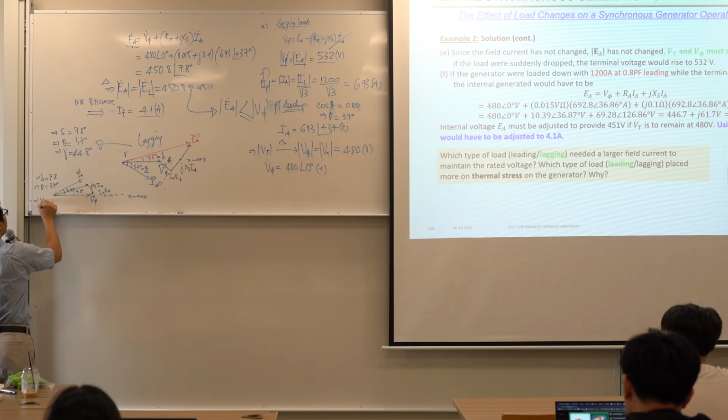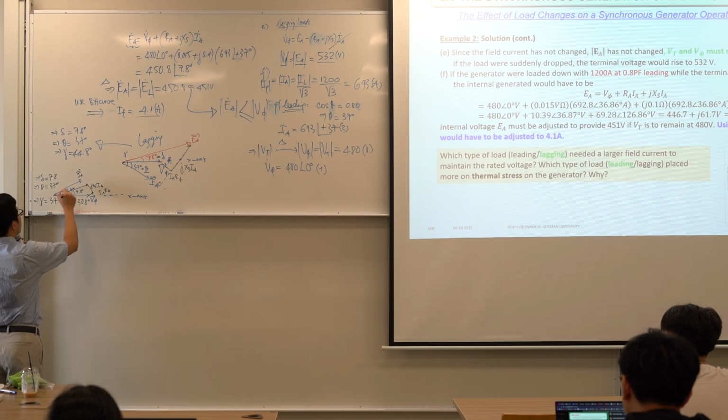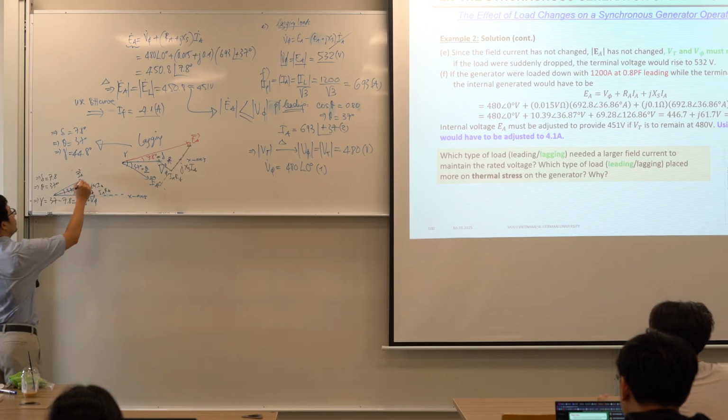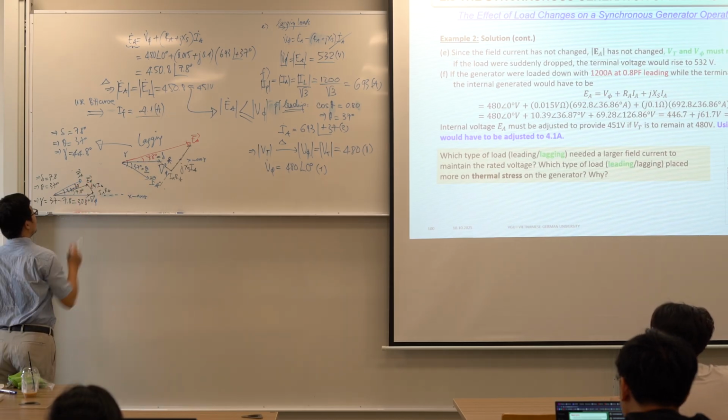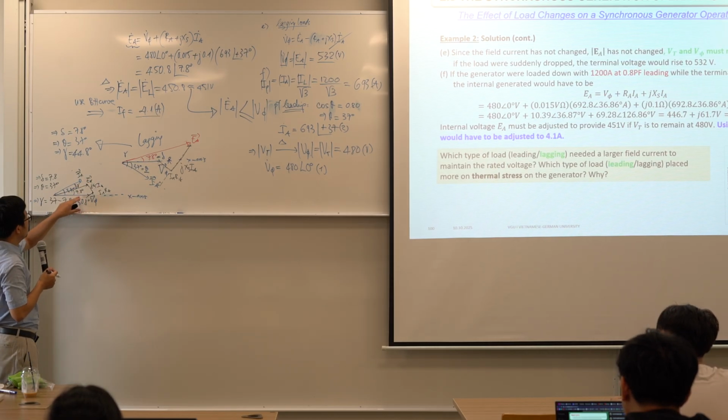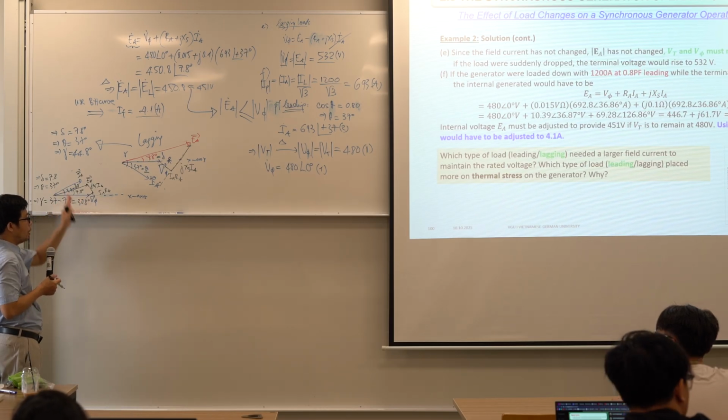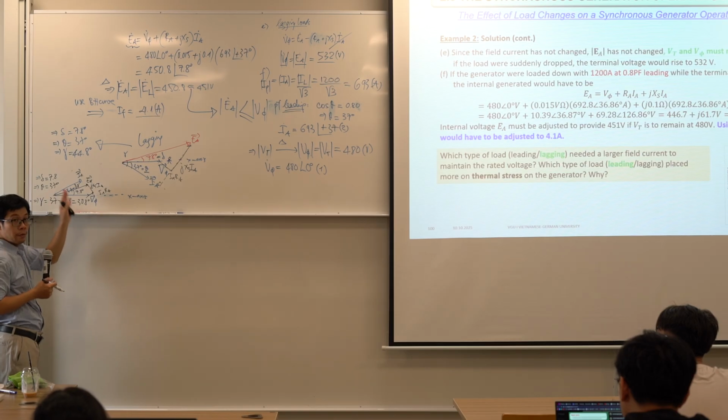And now we have gamma is how many? 37 minus 7.8, you get 30.8 degrees. This is gamma, this is EA. For the final exam, you need to make sure we have the ratio.